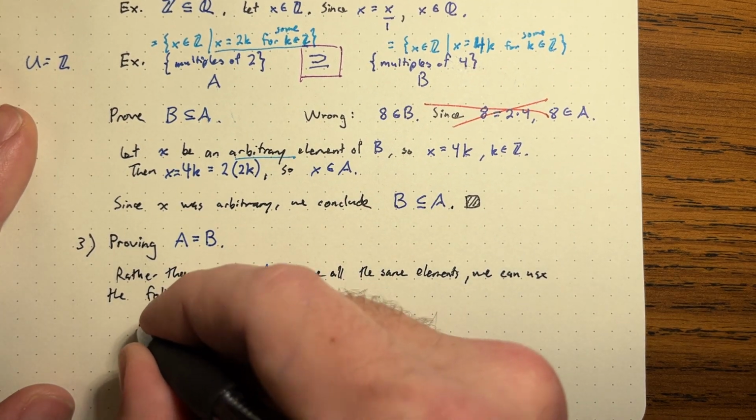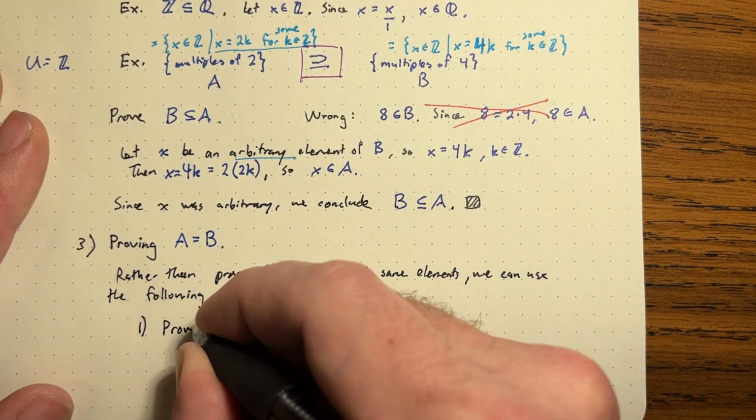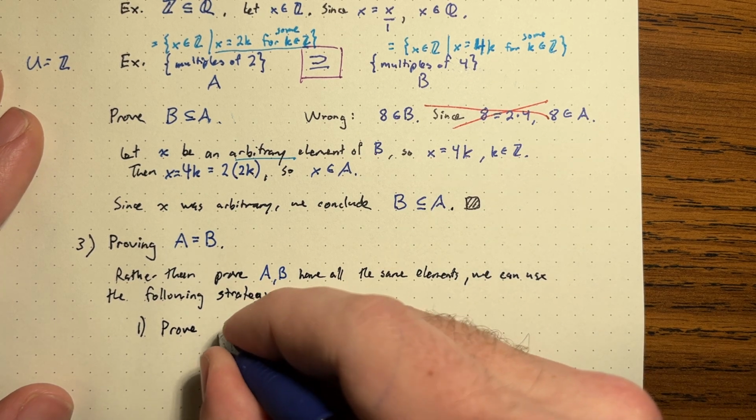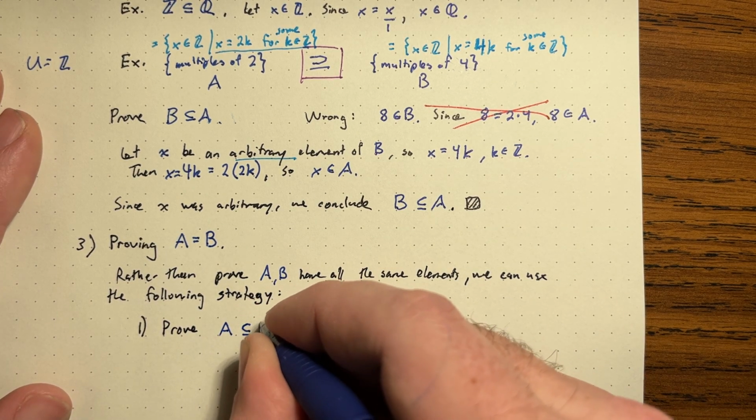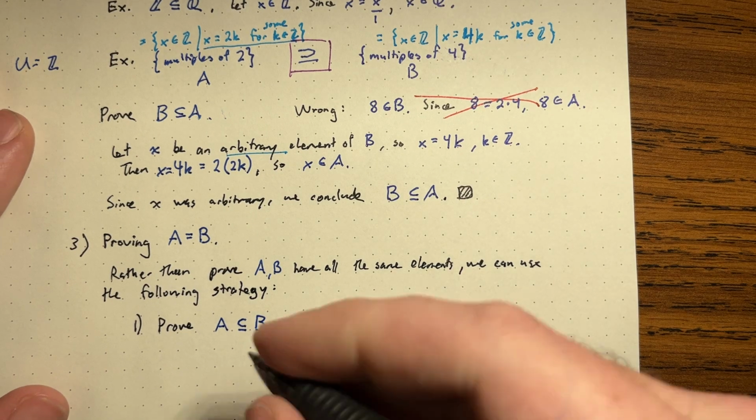So the first step is you prove that A is contained in B. You prove that A is a subset of B.